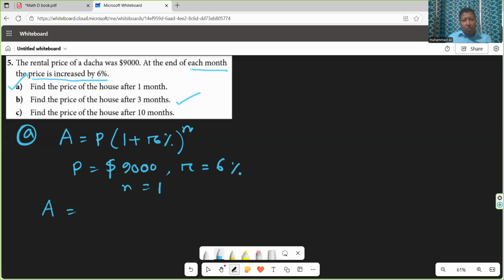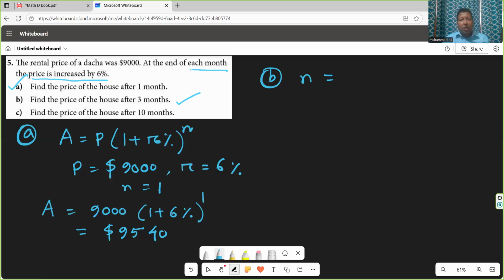So amount equals 9,000 (1 + 6%), N is 1. If we press the calculator, we'll get 9,540. Number A completed.